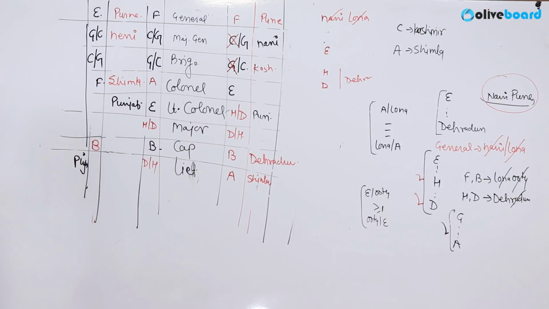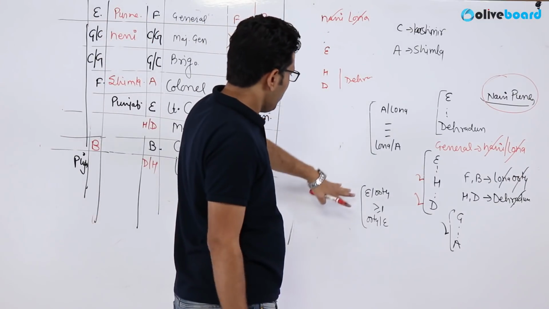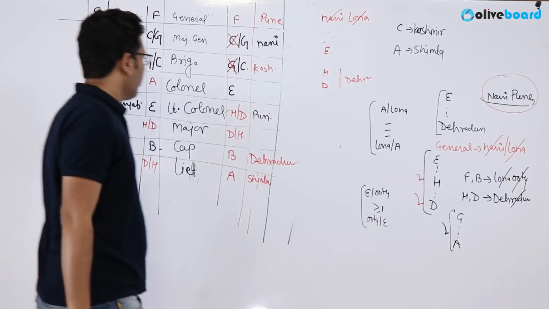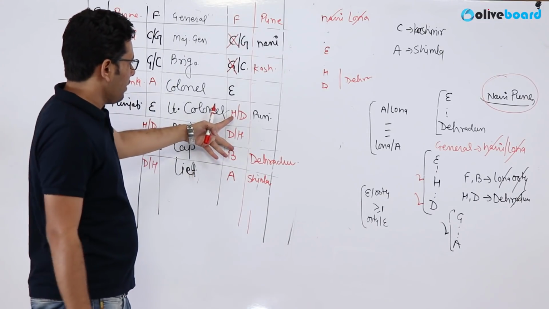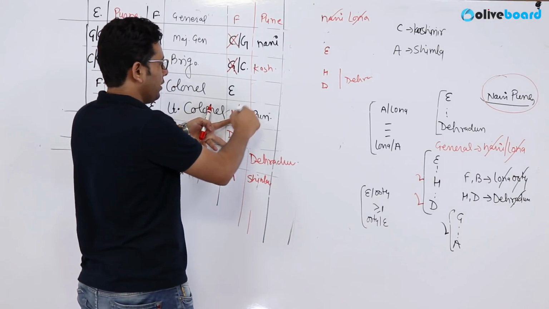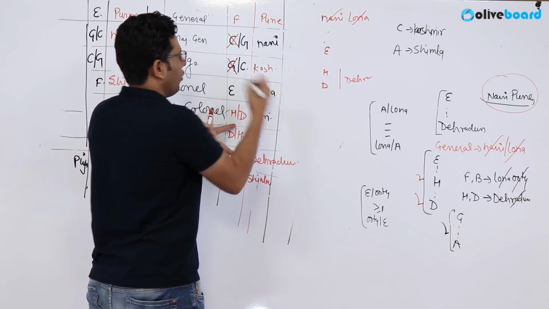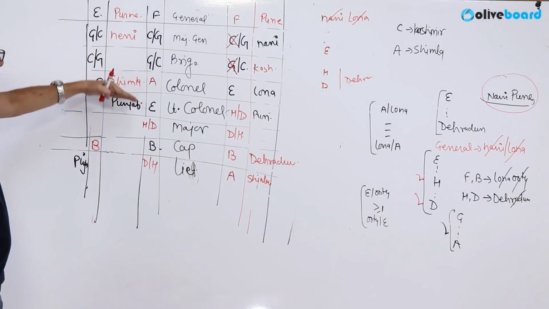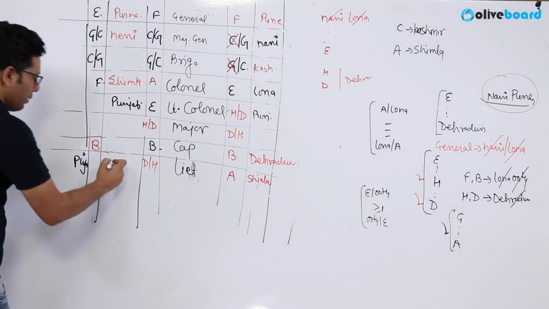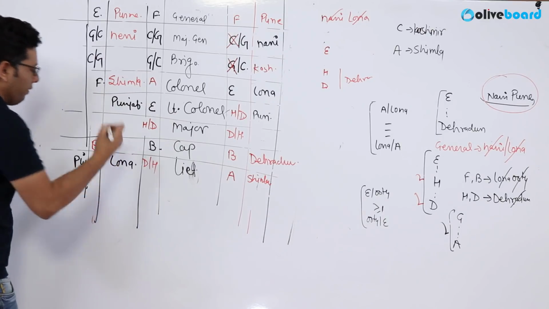Then I have the data that A and Lonavala have three places between them. So A, then there are three places, 1, 2 and 3. So E may be Lonavala. If I take the A here, 1, 2, 3, it may be my Lonavala.